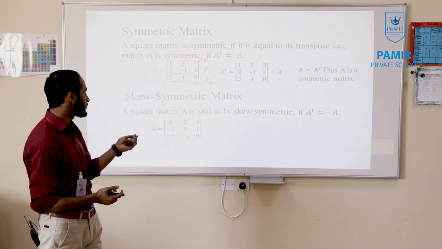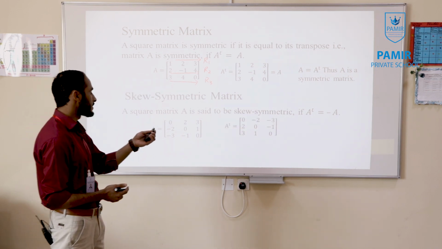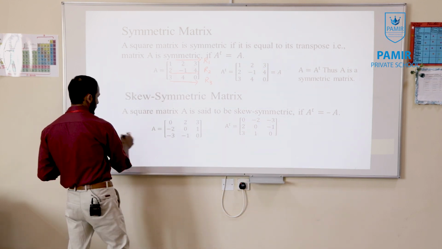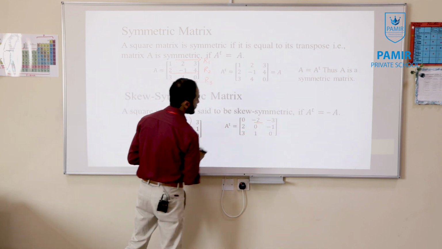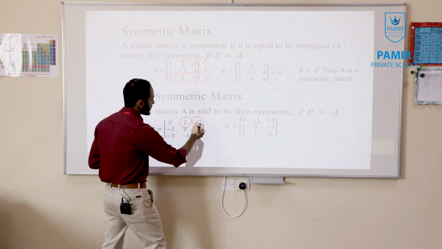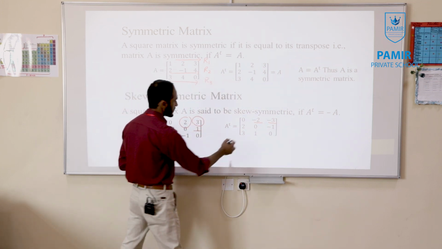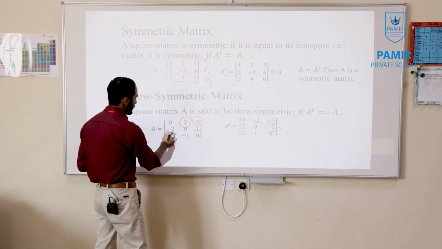First we have to take the transpose of the matrix. If we look here, all the entries become negative: positive 2 is converted into negative 2, positive 3 into negative 3, positive 1 into negative 1.